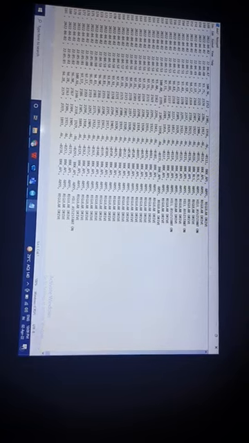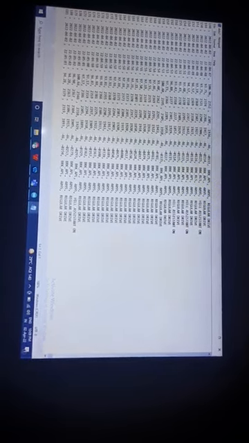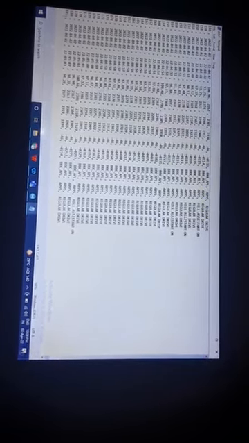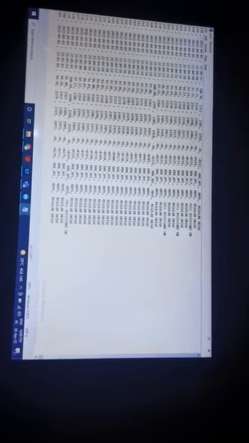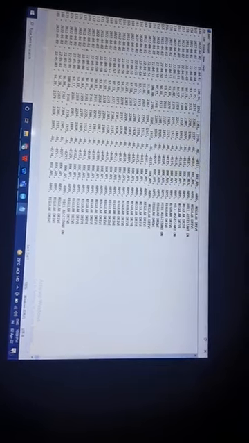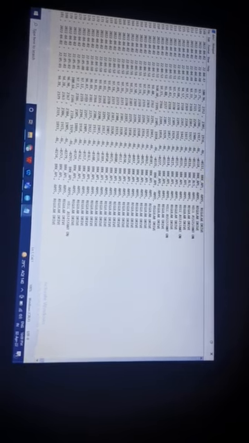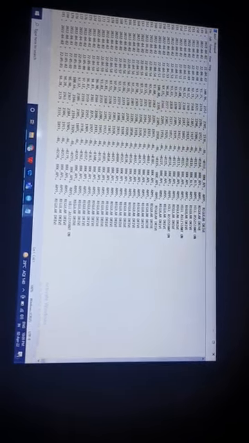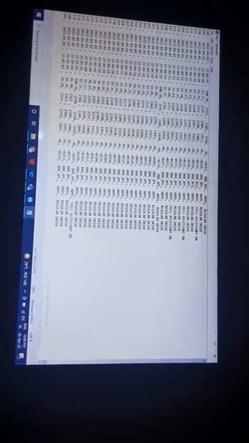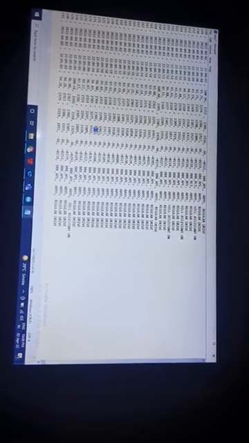Okay, so there is the index number. This is the date, this is the time. This is the ultrasonic reading. Then the X-axis of our tilt sensor, Y-axis of our tilt sensor, then the Z-axis.